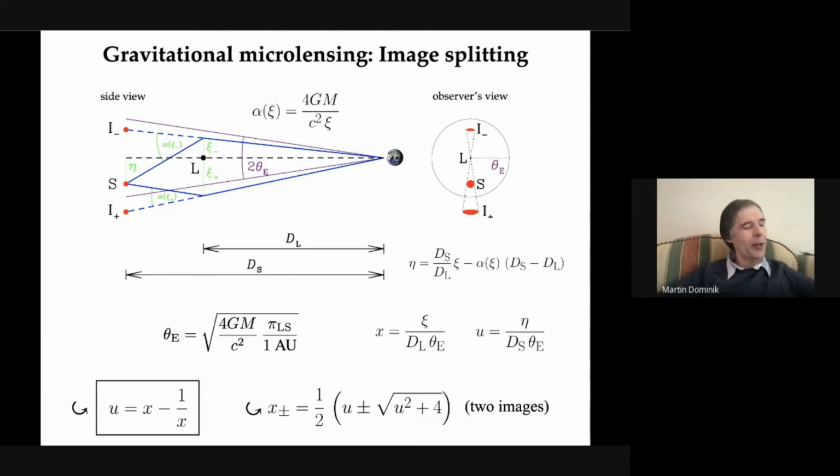Writing the angular separations in multiples of the angular Einstein radius, we find a simple relation that gives the true source position as function of the image position, and by inverting it, one finds the two image positions as solutions of a quadratic equation.